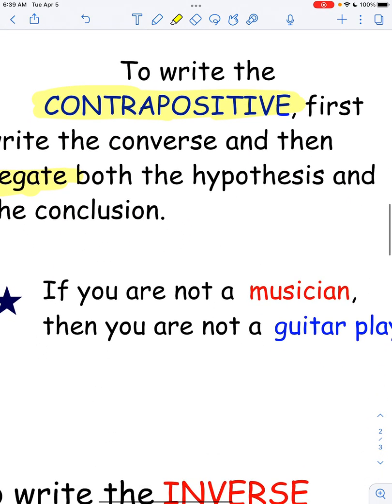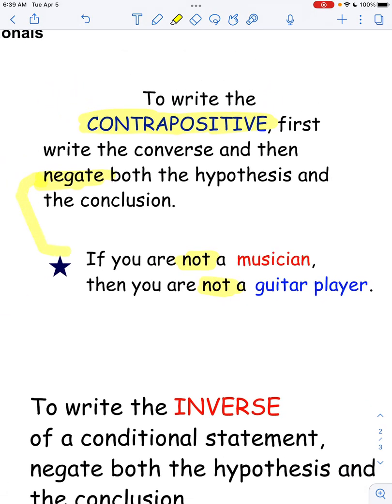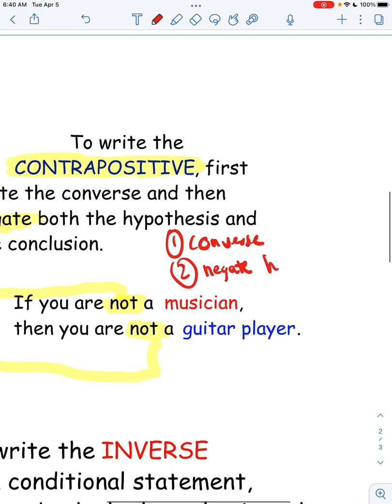The contrapositive is, if you are not a musician, then you are not a guitar player. And again, where does this come from? This comes from negating our hypothesis and our conclusion. So step 1 is write the converse. Step 2 is negate, or do the opposite of, hypothesis and conclusion.